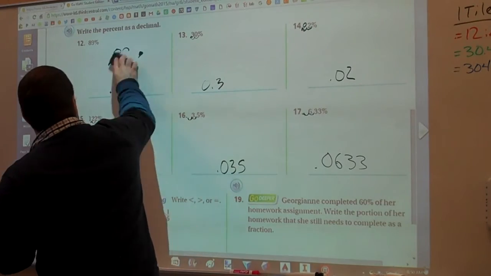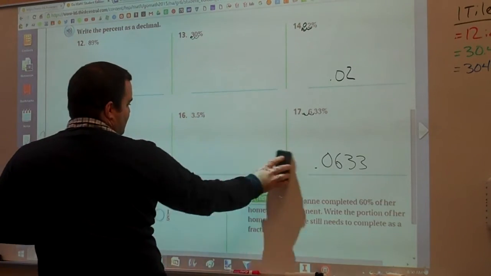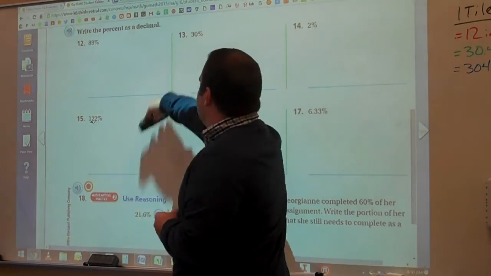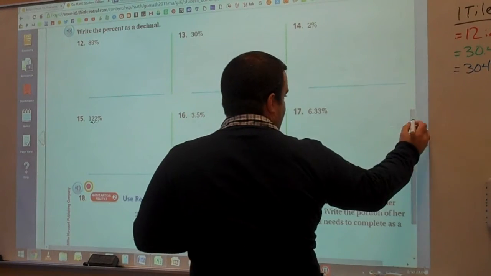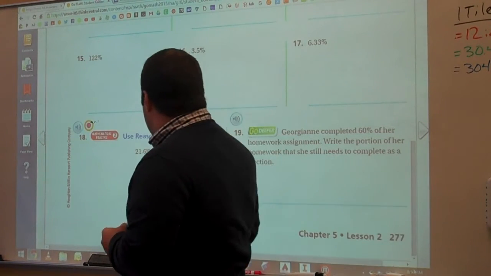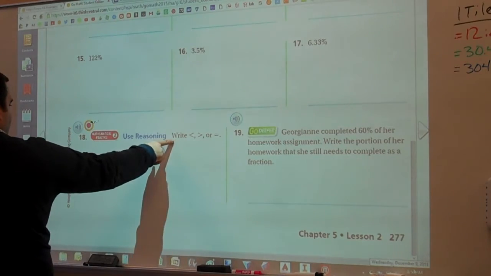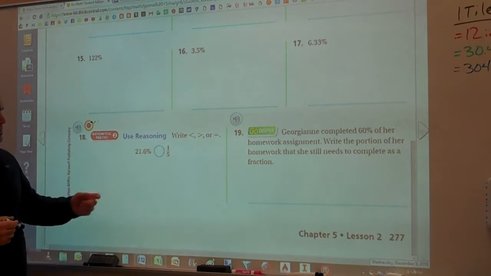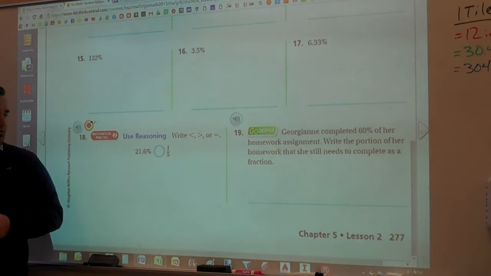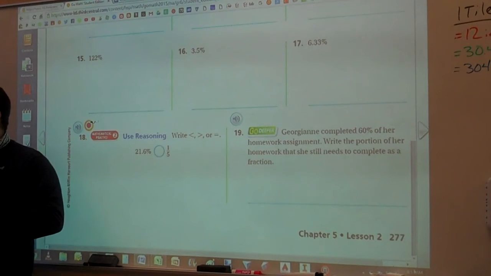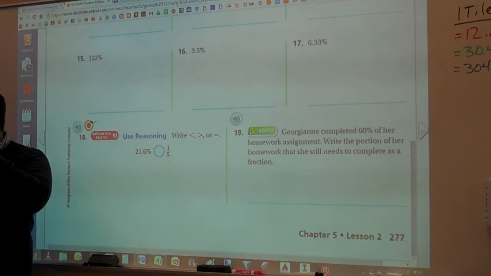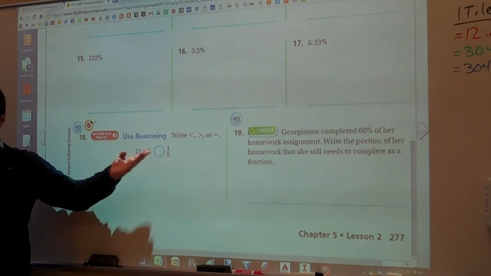At the bottom of page 277, greater than, less than, or equal to. 21.6%, 1/5. How do you compare these two? What should you do? I mean, you can't compare a percent to a fraction.